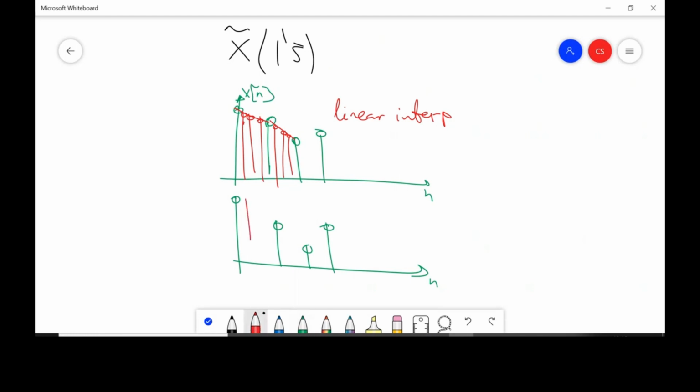So I will replicate this one 3 times. So this is nearest neighbor, nearest to the left. Nearest neighbor interpolation.